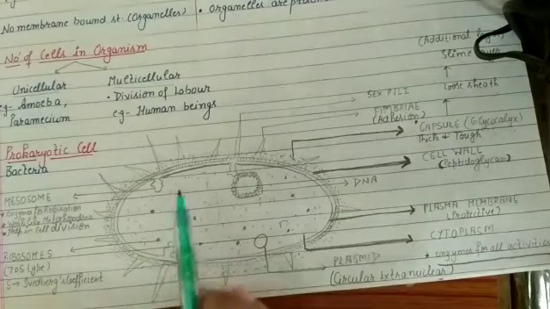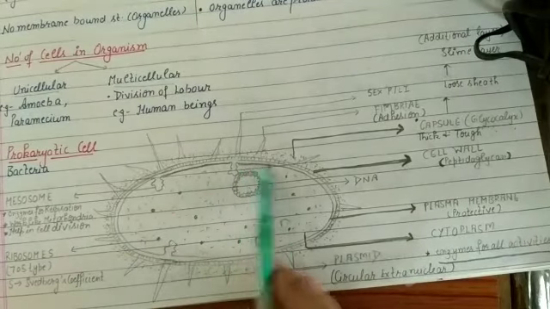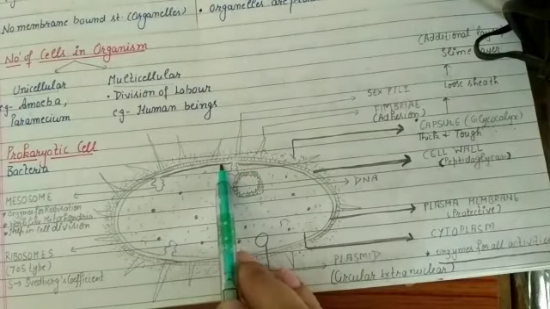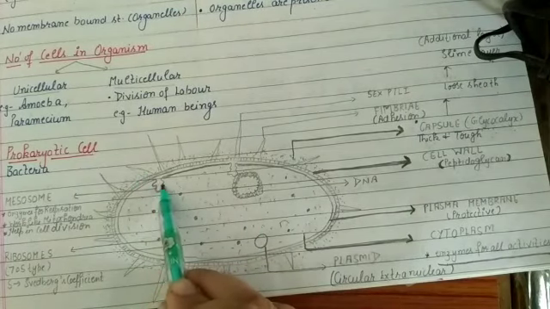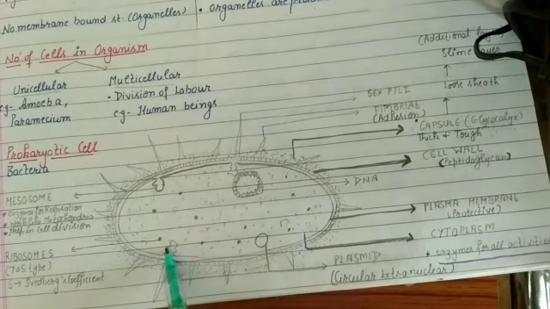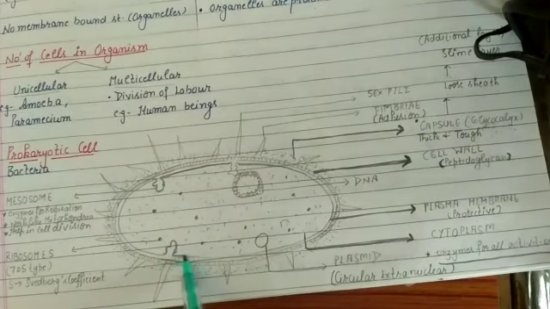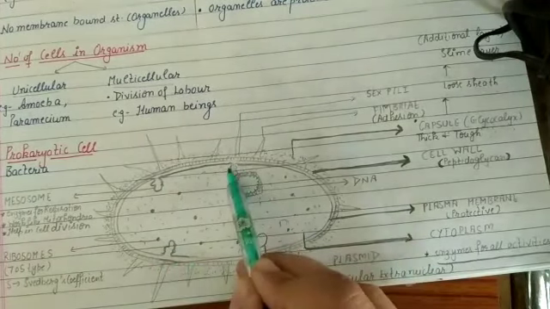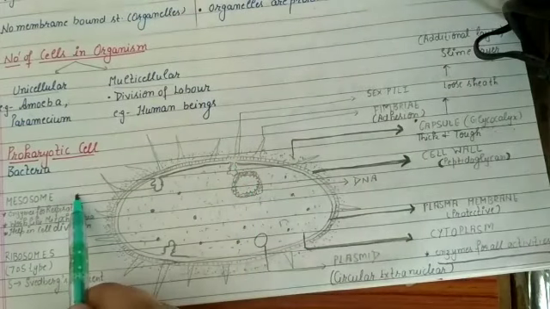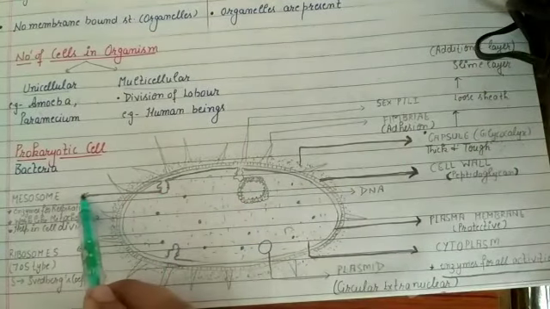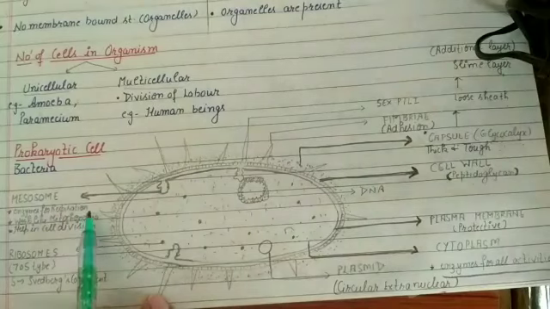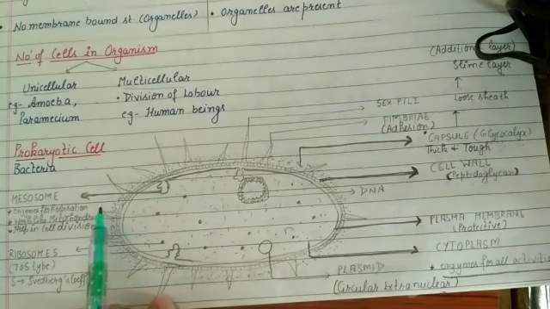Further, you can see this layer is the plasma membrane, and it has some inner-side foldings. At a few places the plasma membrane is folded, and these infoldings are known as mesosomes.